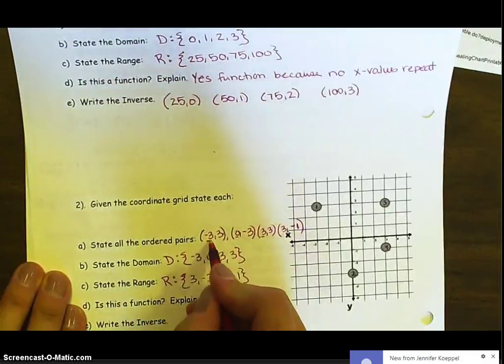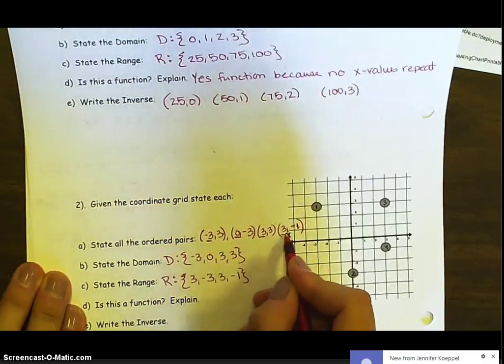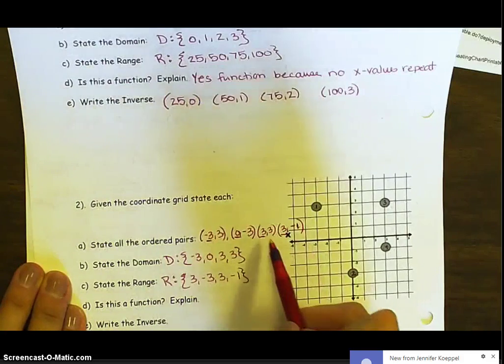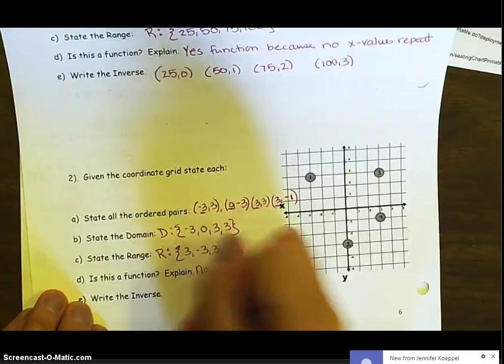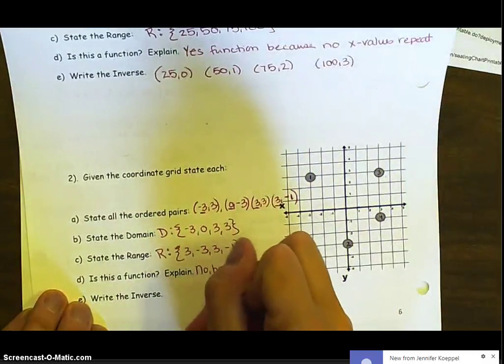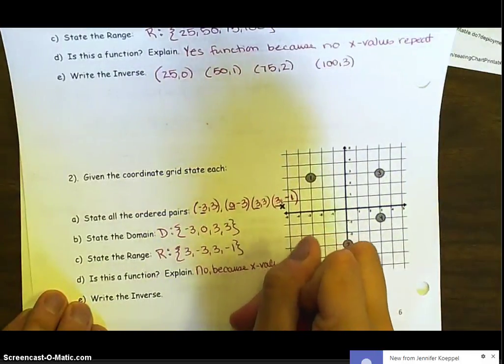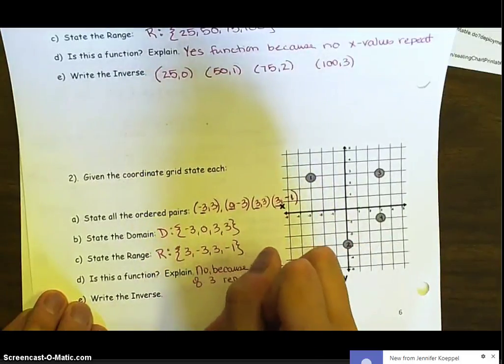Your x values, -3, 0, 3, 3. So do you have x values that repeat? Yes, we do. The 3's are repeating. So is this a function? No, because x value of 3 repeats.